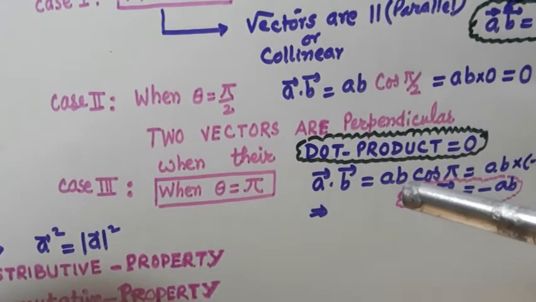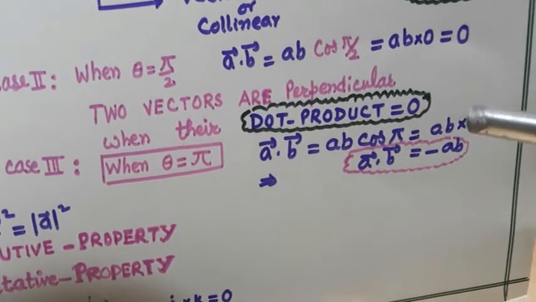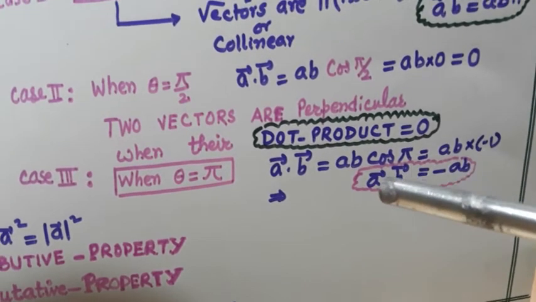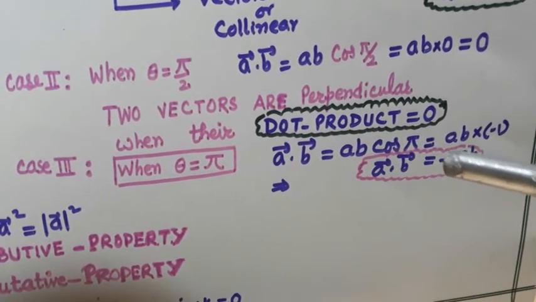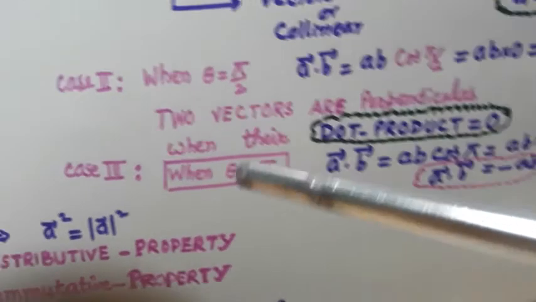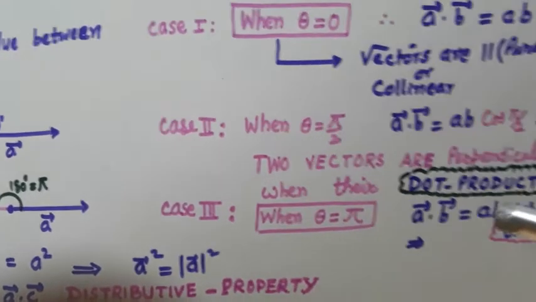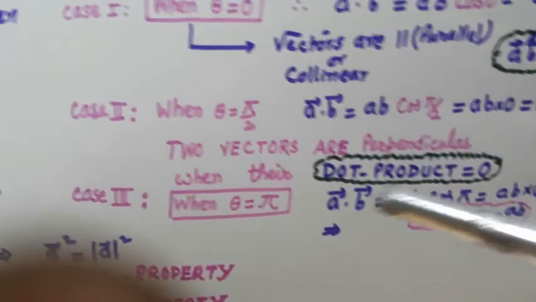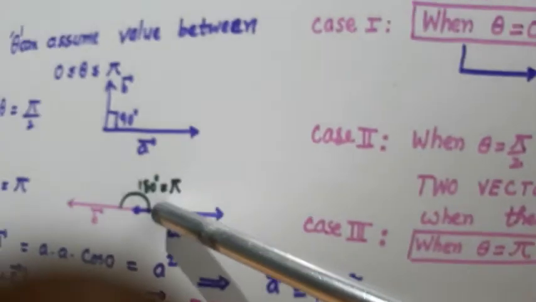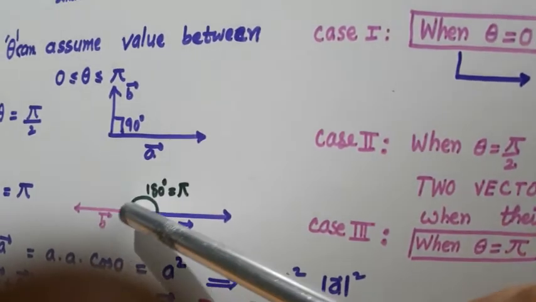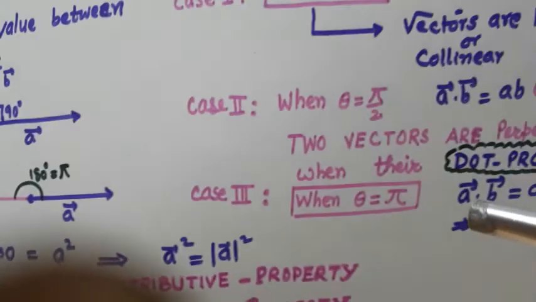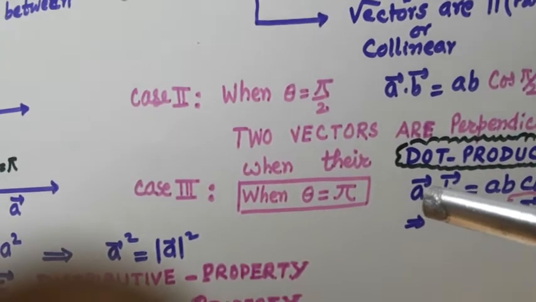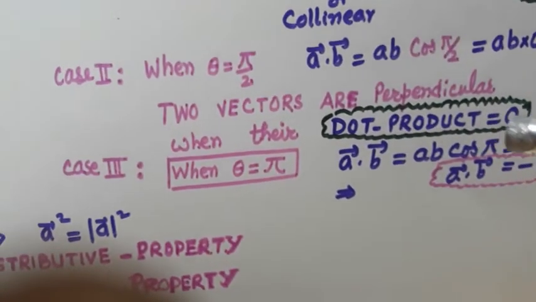A dot B is equal to AB cos pi and cos pi is minus 1. So A dot B will be minus AB. So when two vectors are collinear in the opposite direction, one on the right side, other on the left side, then A dot B will be equal to minus AB.